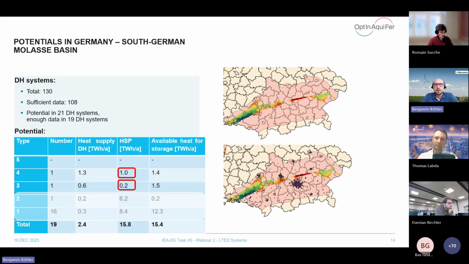Here marked are the limiting factors. So the available heat for the storage and the heat supply to the district heating systems are higher in this case than the heat storage potential. So a maximum heat storage potential in the Molasse Basin is around 1.2 terawatt hours, which is really just a theoretical potential and in reality might be much lower.